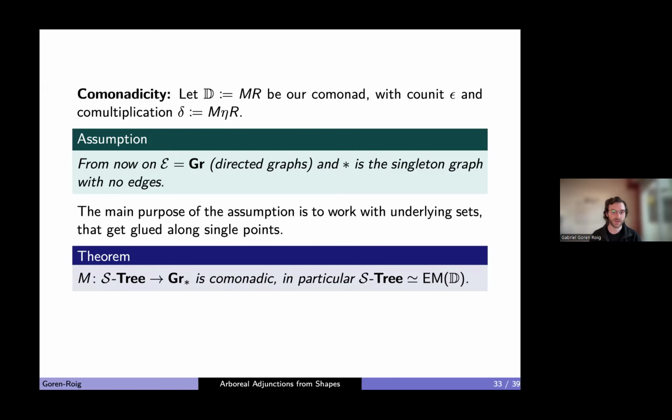I assumed that the shapes S form a subcategory of bipointed objects in graph, so bipointed graphs. I did assume that all the morphisms in S are epimorphisms. And I'm also assuming that there is this right multi-adjoint that gives me this saturation operation. I need to be able to saturate the morphisms.